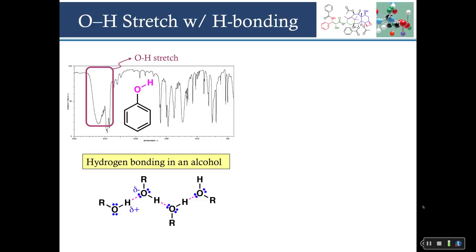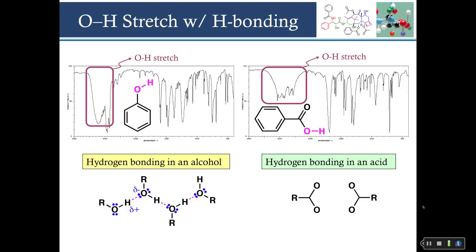That active hydrogen bond weakens and lengthens the oxygen-hydrogen covalent bond, and that's why in a solution or in a beaker of phenol, we have a range of different lengths and strengths of oxygen-hydrogen bonds due to this hydrogen bonding effect. And so we see sympathetic stretching vibrational frequencies across a wide range.